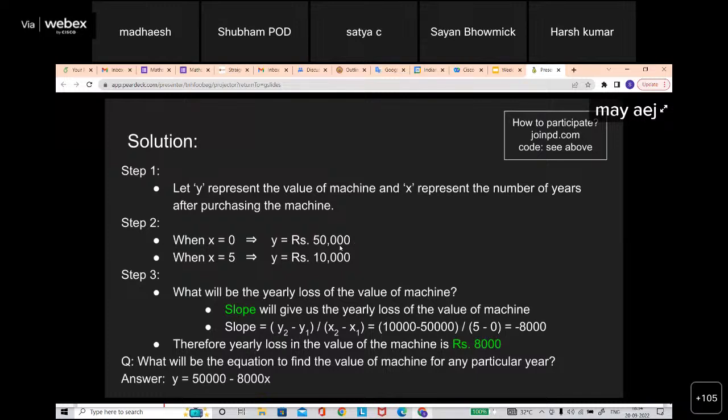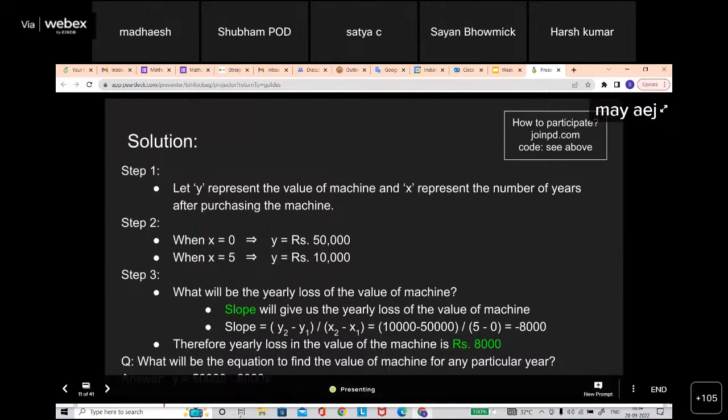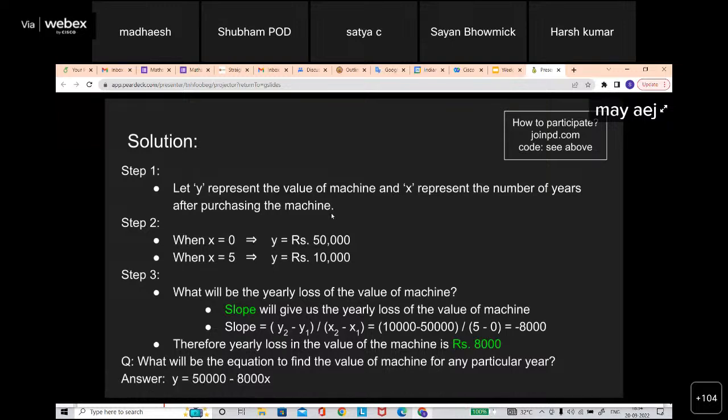So we get y is equal to 50,000 minus 8,000 x, or you can rearrange the terms into general form or intercept form, whatever you want. Hope all of you get the idea of how to solve this problem.